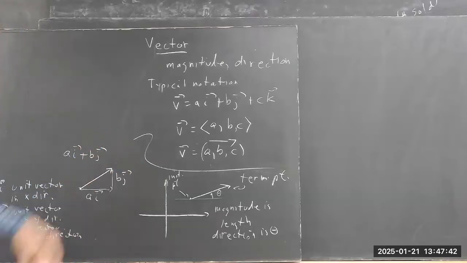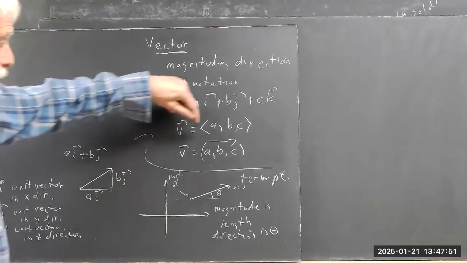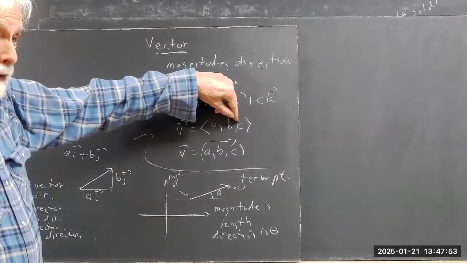If you're working in 2 dimensions, of course, you don't have the z component, you don't have k. That's okay. Okay. So you can call a, b, and c your x, y, and z components.